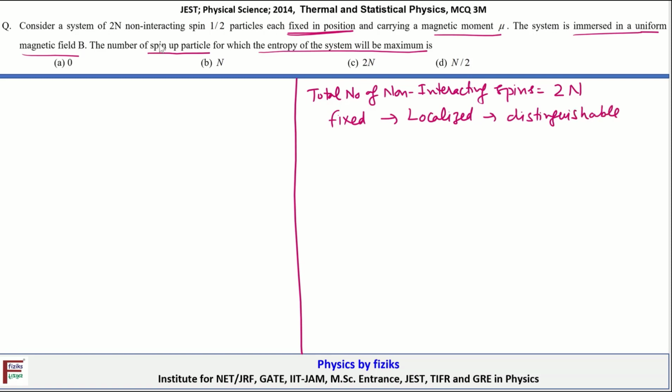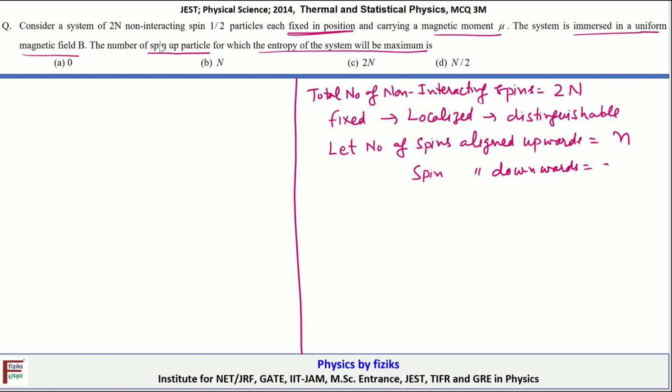Now we assume that the number of spins aligned in the upward direction is equal to small n. Then the remaining spins, aligned downward, are 2n minus n.